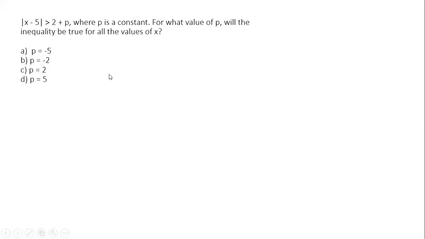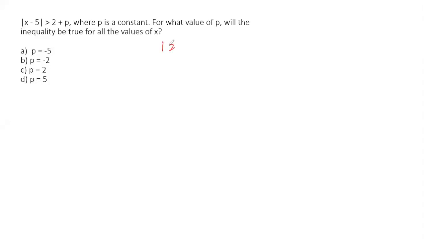Now this question says mod x minus 5 is greater than 2 plus p, where p is a constant. For what value of p will the inequality be true for all the values of x? So that means I want this inequality to always be true.